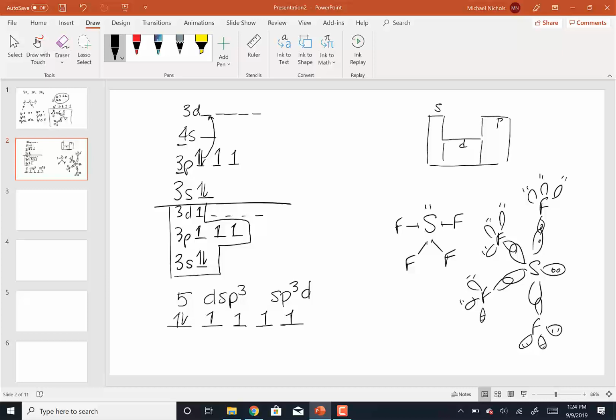And then unpaired electrons every place I'm forming my sigma bonds. And so there'd be a sigma bond there, a sigma bond there, a sigma bond there, a sigma bond there.